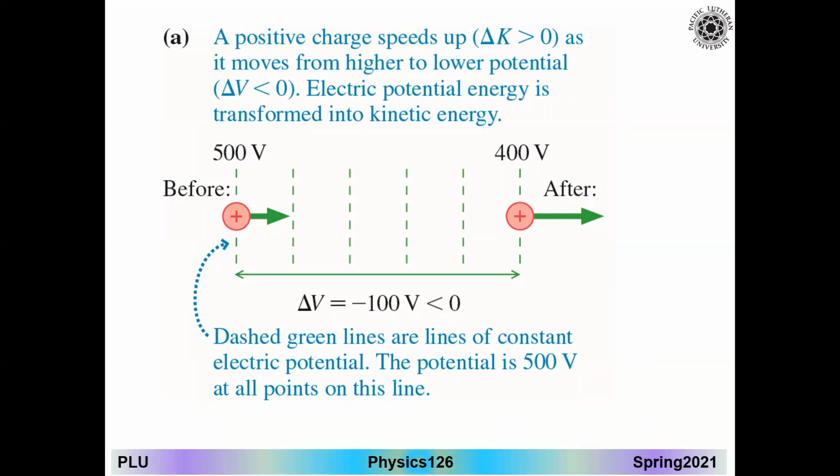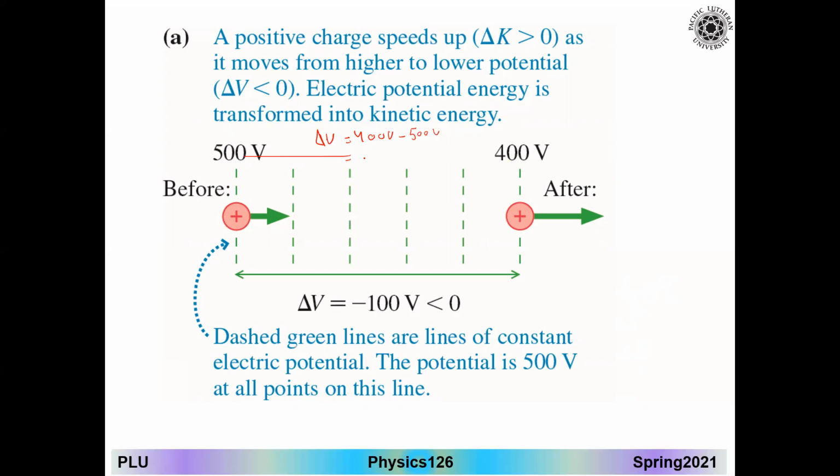One thing before we move to some examples. If you move the charge from the initial position at high electrical potential to low potential, delta V is the final minus initial: 400 volt minus 500 volt.